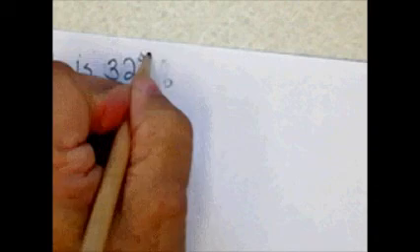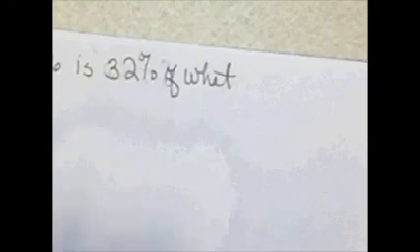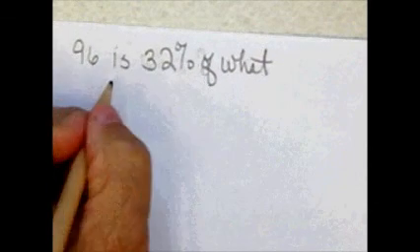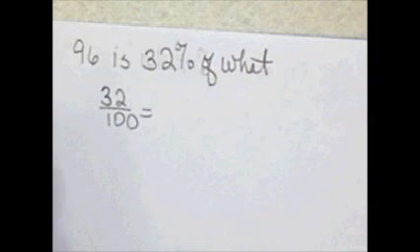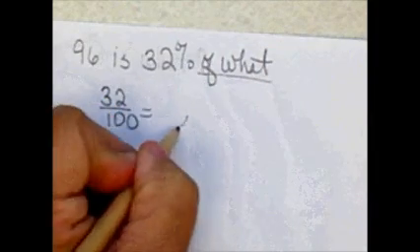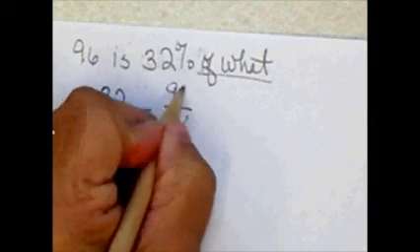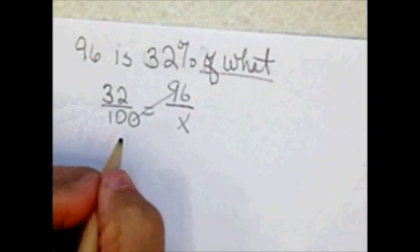Okay, so percent over 100, 32 over 100. What follows the word of? What's left? Cross multiply, and I have 96 times 100 divided by 32, which equals 300.